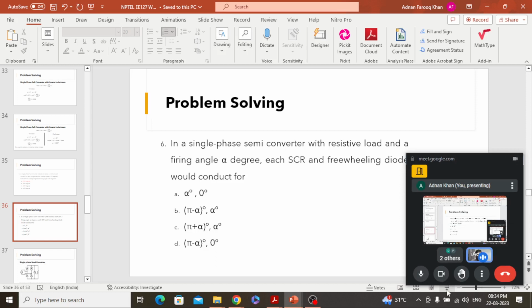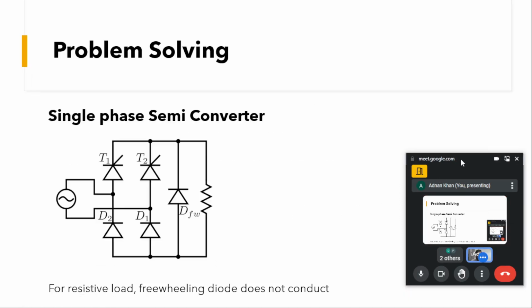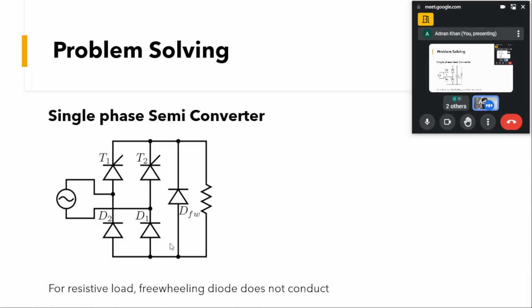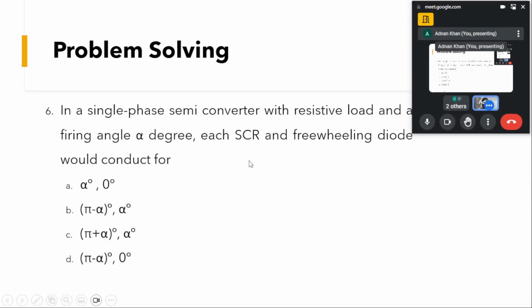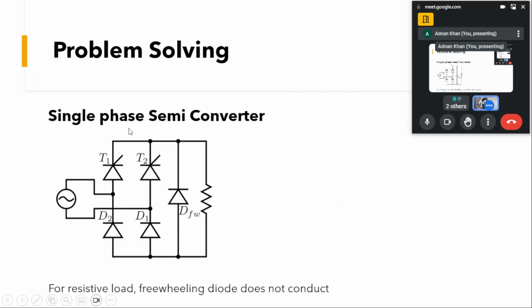Let us see. The tricky part is what is given here: it is a resistive load. And we have a single phase semi converter. In semi converters, two of the devices are controllable and two are uncontrolled. One leg can be controlled and one uncontrolled, or the top two controlled and the bottom two uncontrolled. We know this freewheeling diode won't be conducting for the resistive load.